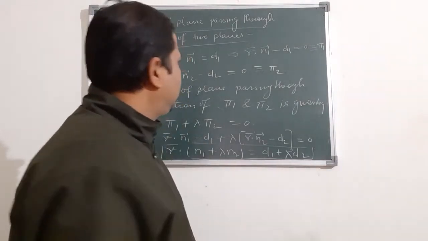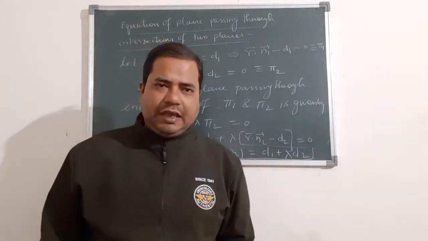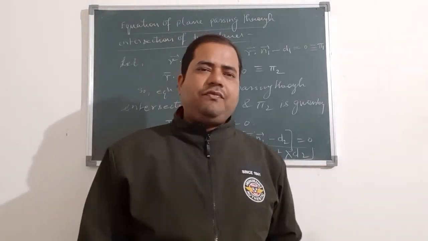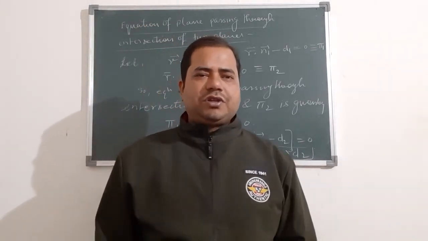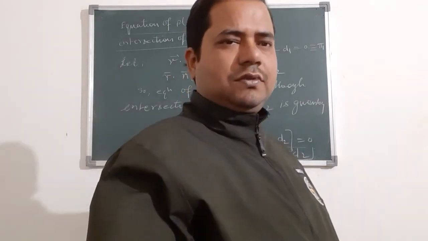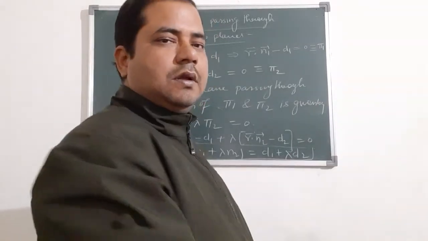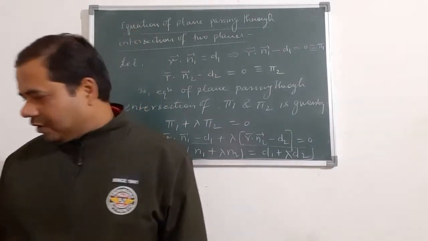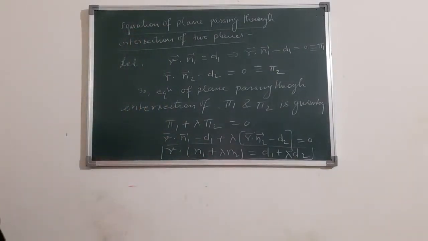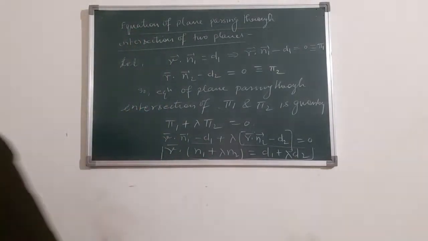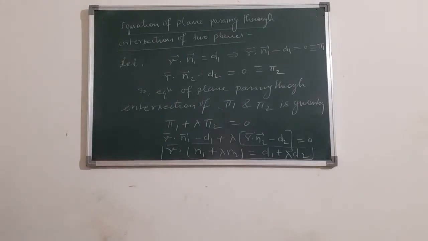So please note it down, and after that we see the Cartesian form of this particular equation of plane. Okay, now see Cartesian form. What is the equation of plane passing through the intersection of two planes?